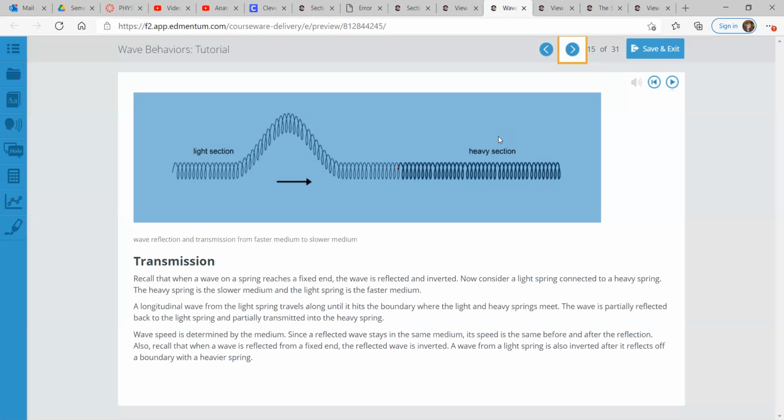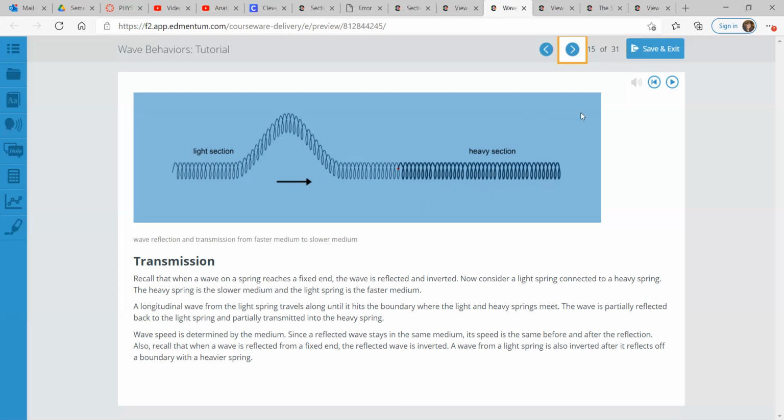Wave speed is determined by the medium. Since a reflected wave stays in the same medium, its speed is the same before and after the reflection. Also, recall that when a wave is reflected from a fixed end, the reflected wave is inverted.